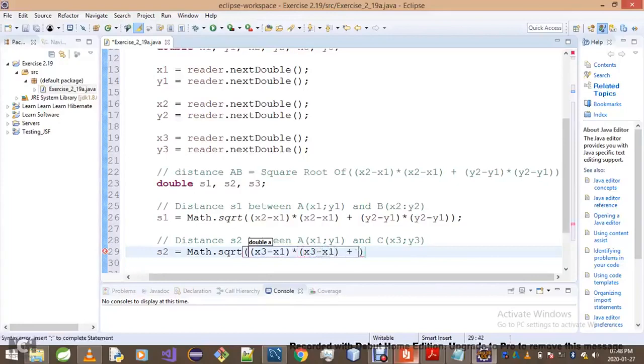Then we simply add that to y3 minus y1, and multiply that by y3 minus y1, right?